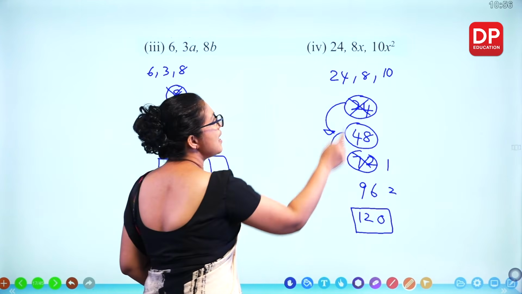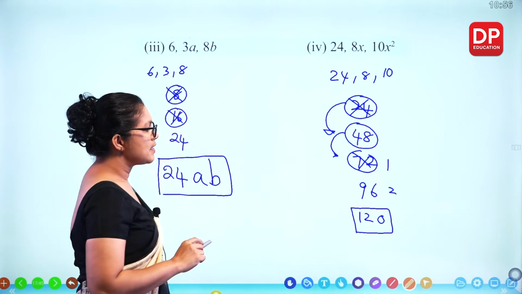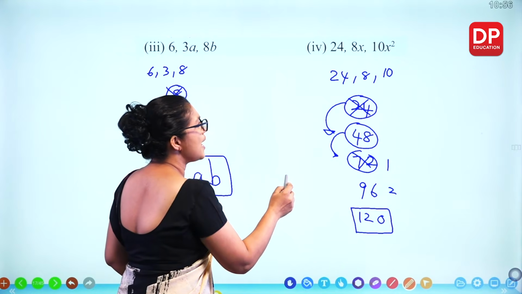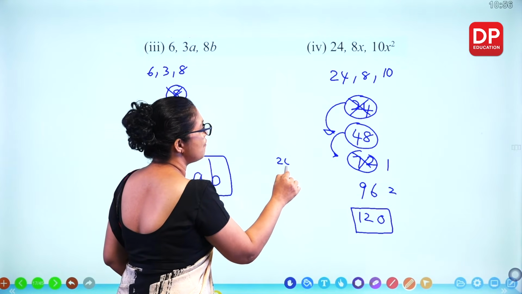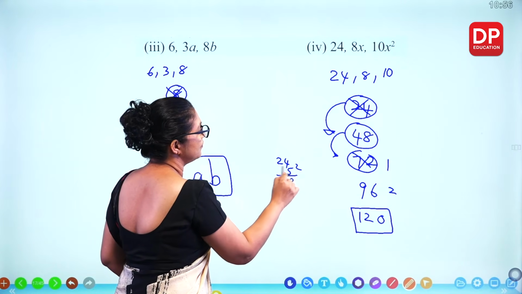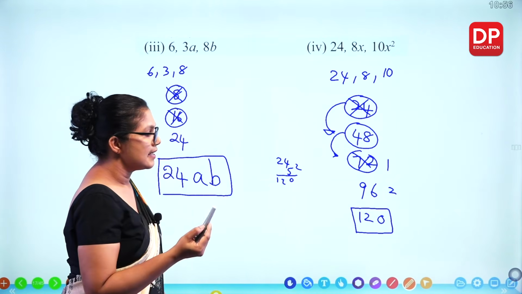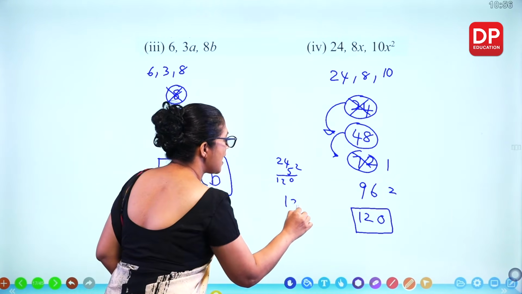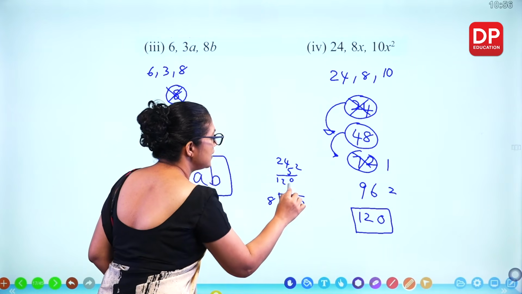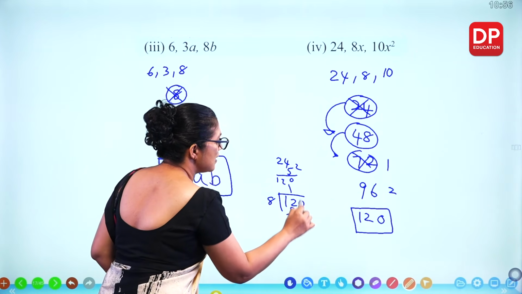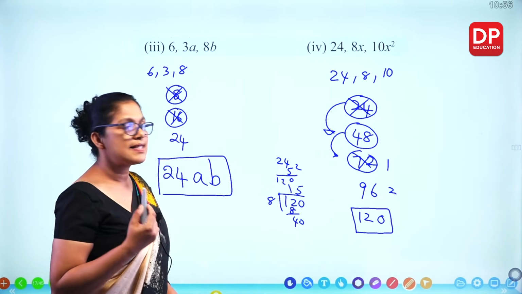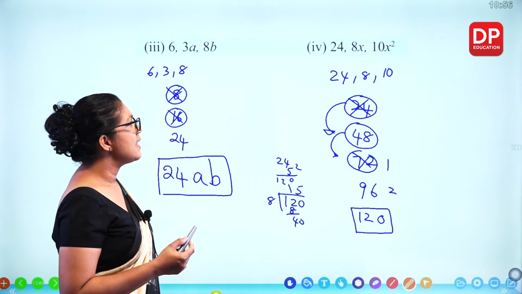Is it divisible by 24? 24 times 5. And what about 8? Is it divisible by 8? 120 divided by 8, you get 15. Yes, it is divisible by 8.